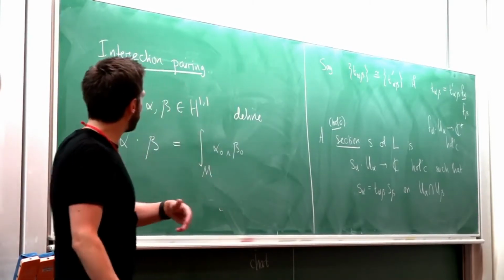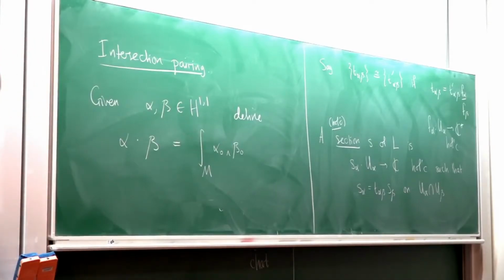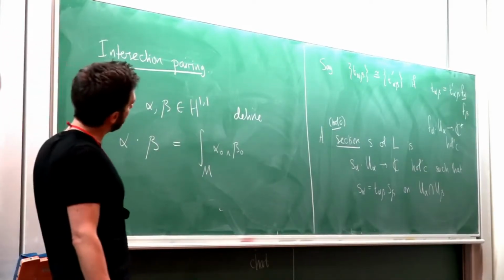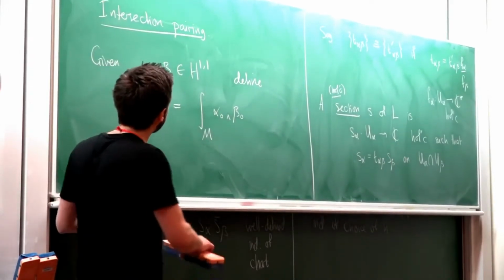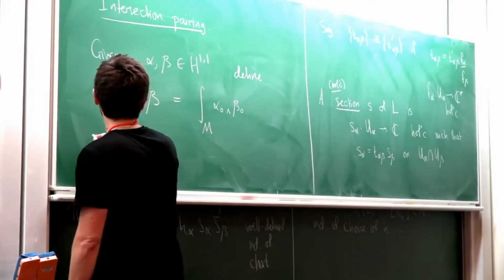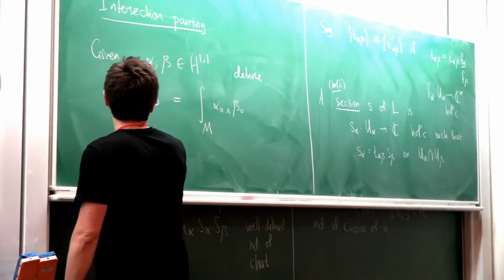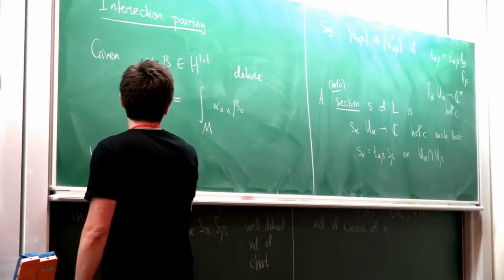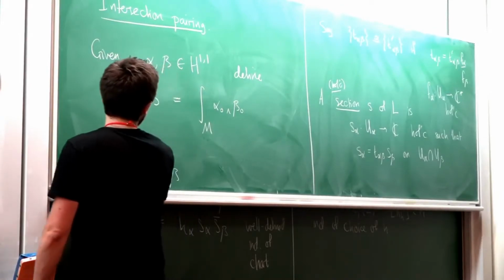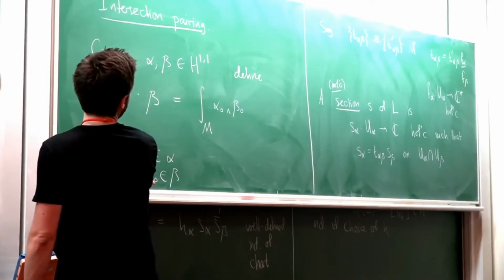Each one is a 1-1 form. When you wedge them together, you get a top-dimensional form. It's a 2-2 form. You can integrate that over a Kähler surface M, where here alpha naught is any element of alpha, and beta naught is any element of beta. So alpha naught and beta naught are closed 1-1 forms.